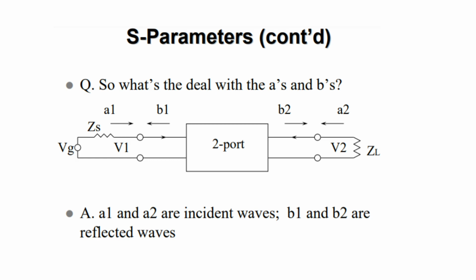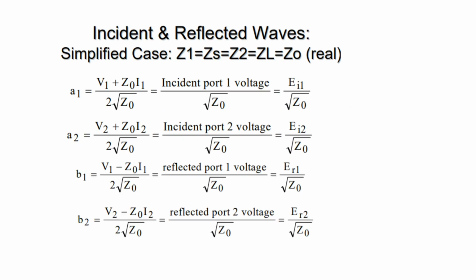B1 and B2 are the reflected waves for this two-port network, where one input port and one output port are available. In the simplified case, Z1 is equal to Zs and Z2 equal to ZL, and all are equal to Z0. So the A1, A2 and B1, B2 values are represented like this.